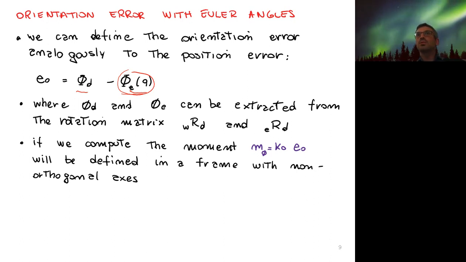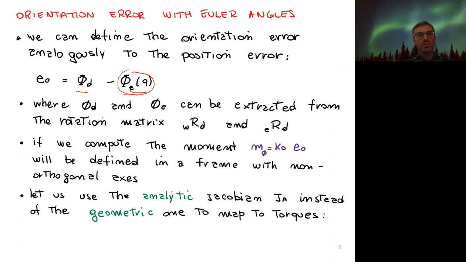But we also know that the analytic Jacobian that we defined after the geometric Jacobian maps, remember, joint velocities into end-effector velocities and Euler rates, so derivatives of the Euler angles. Therefore, we can use the analytic Jacobian instead of the geometric Jacobian whenever it comes to mapping to torques.